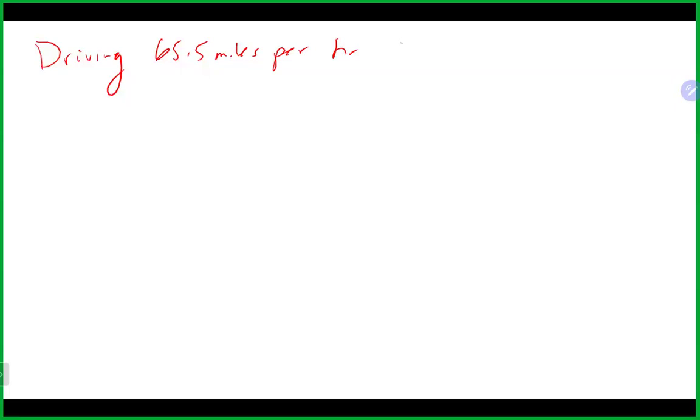We want to know how many kilometers per minute that would be. So why don't you give that a go, and I'll give you some conversions that might be helpful. 1 kilometer is 0.621 miles. And then obviously, hopefully, the time aspect of it. So why don't you give that one a go?